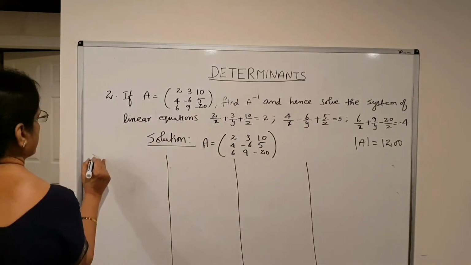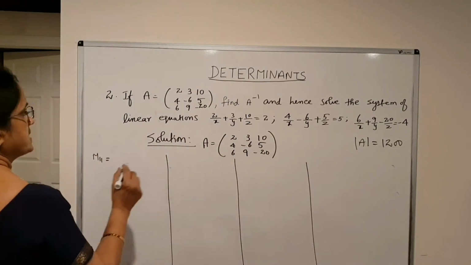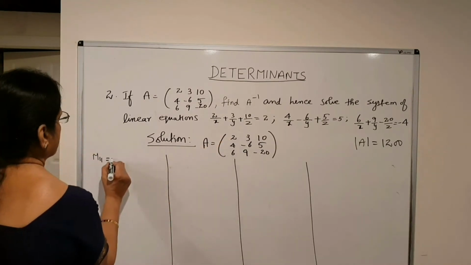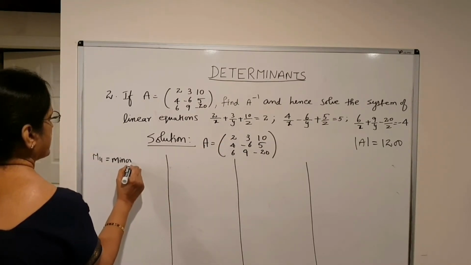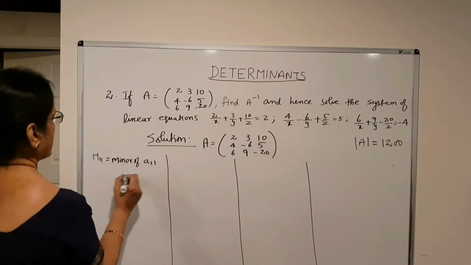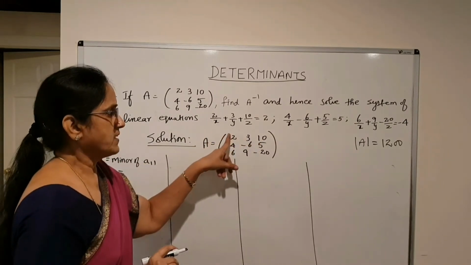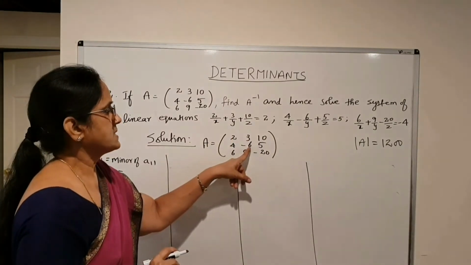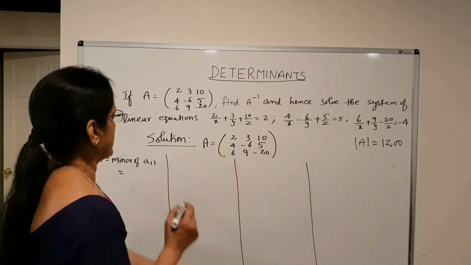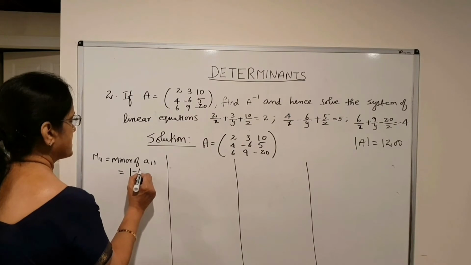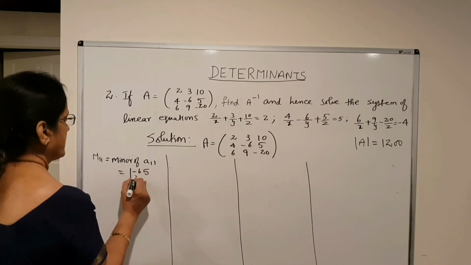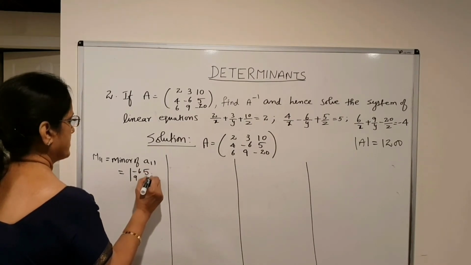First, M11, which is the minor of A11, which is nothing but leaving the first row and the first column, left with the determinant of minus 6, 5, 9, minus 20.